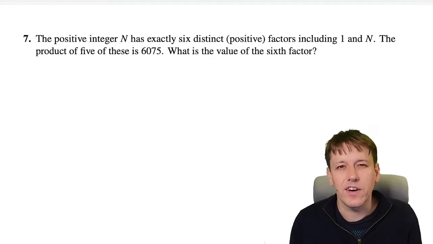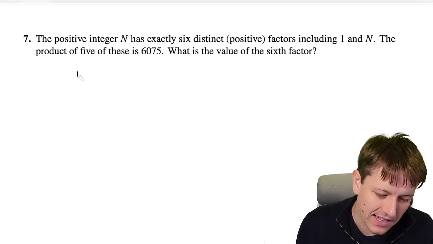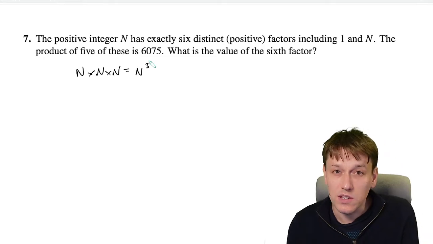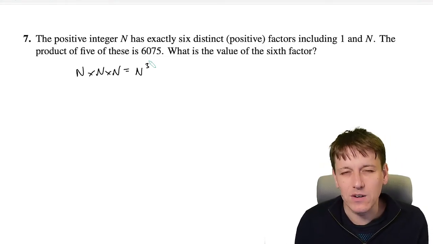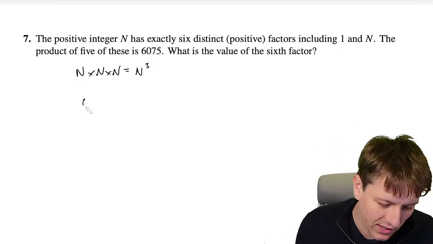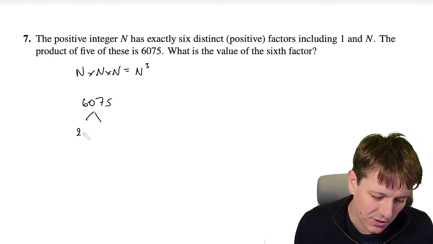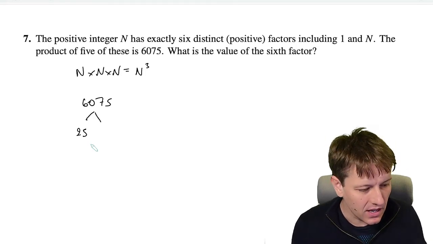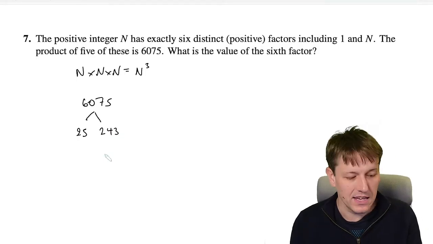So actually what happens is if I were to multiply all of those factor pairs together, I would get n times n times n, or n cubed. So I am looking for the product of these 5 numbers and one other number to be a cube number, and so let's have a look at 6075 and its prime factorization. I can see it's a multiple of 25 here, and it's going to be 25 times 243.